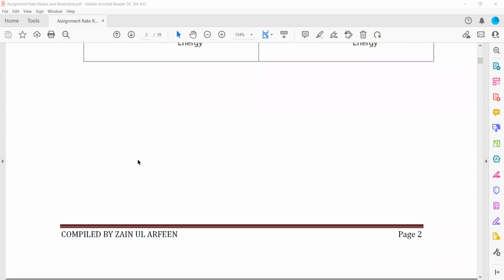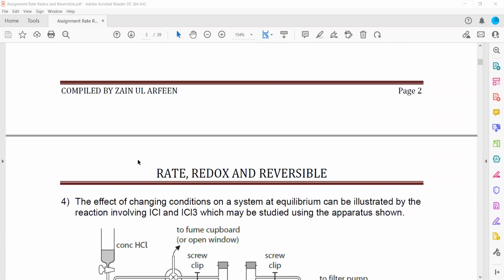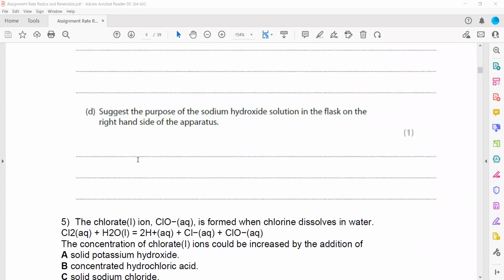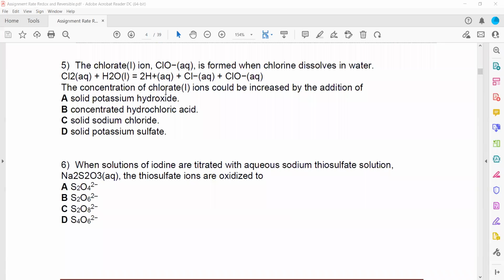Next is question number 5. The chlorate ion ClO minus is formed when chlorine is dissolved in water. The equation is given: chlorine dissolved in water produces H plus, Cl minus and ClO minus.